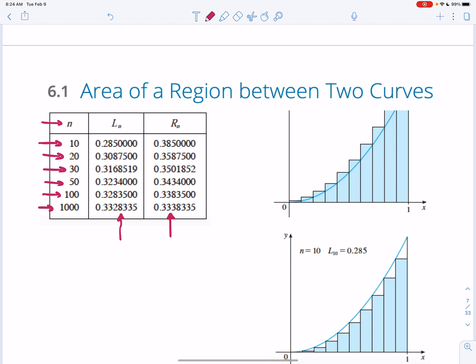And notice how that's the same thing for the right Riemann sum. So somewhere in between these two values is the exact area. All right, that's about 0.333 if you take a look at those two values, right? And in the math world, that's known as 1/3. Okay, so we weren't able to get the exact area, but we were able to close in on it.